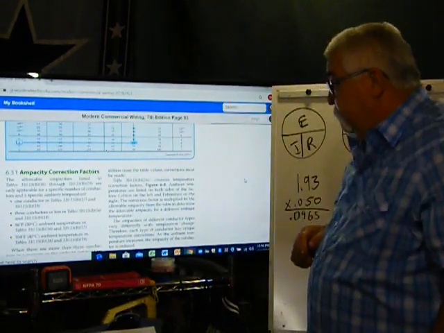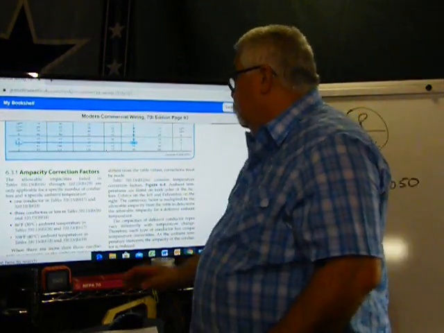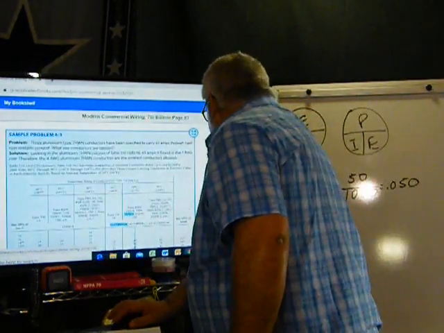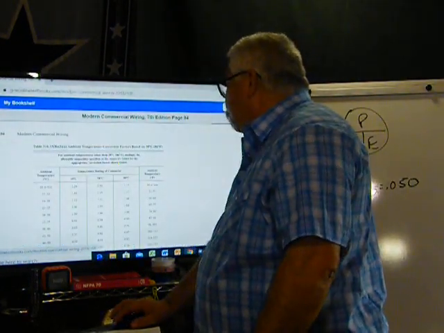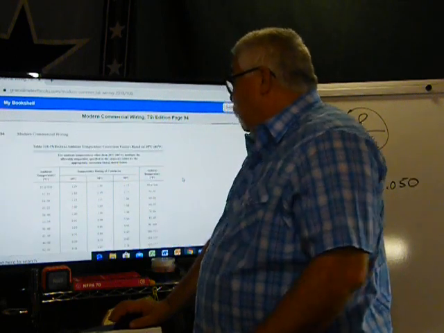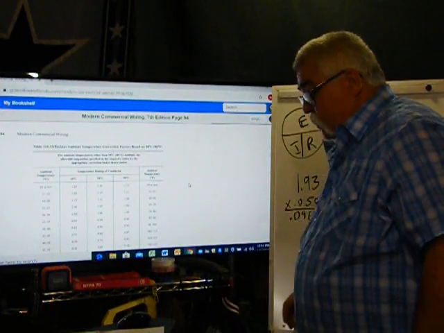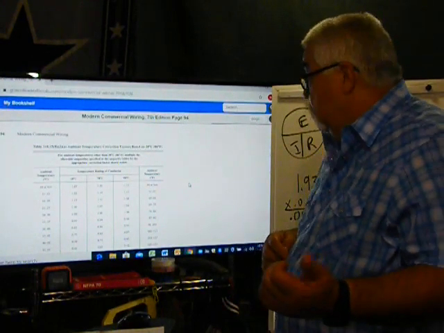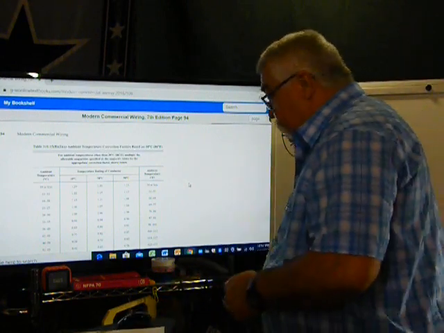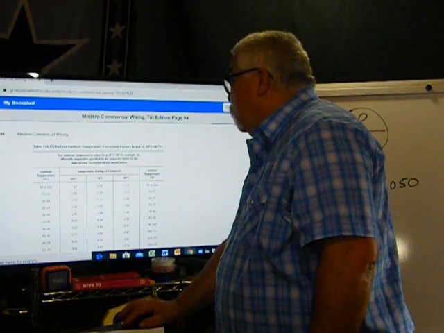One conductor, 310.15, 310.16 through 19. I'm trying to find the table real quick. So here's my correction factors, 310.15(B)(2)(a). Okay, knowing the ampacities, what is the temperature? Go back here real quick.